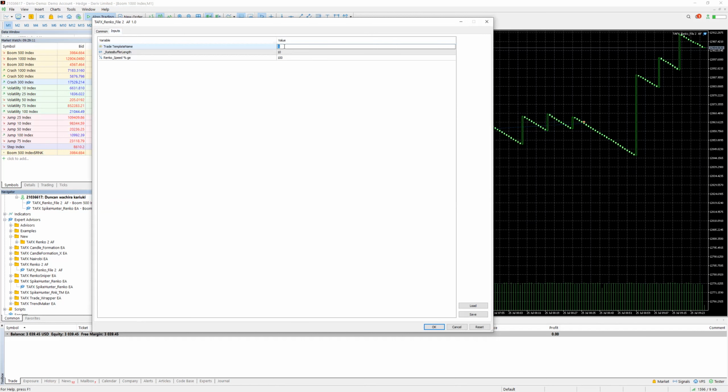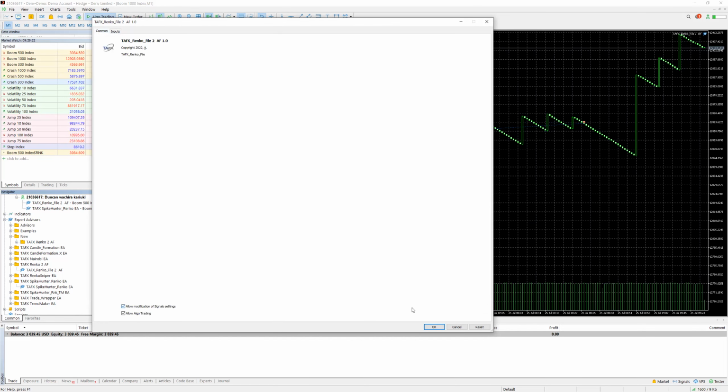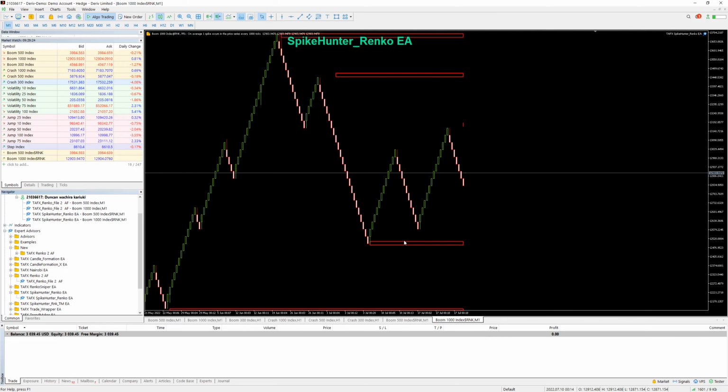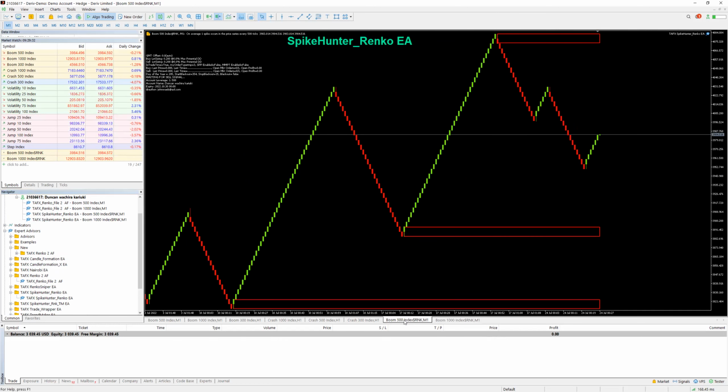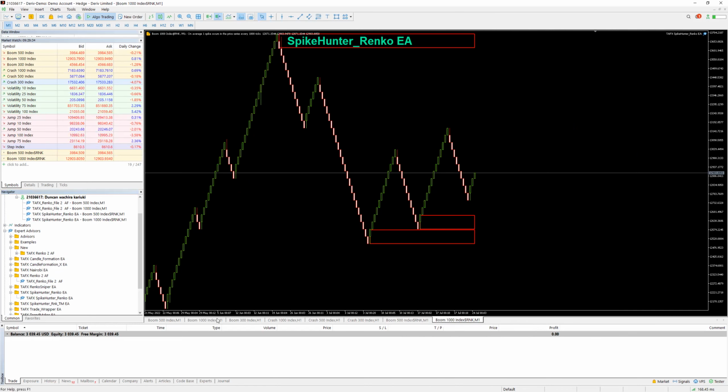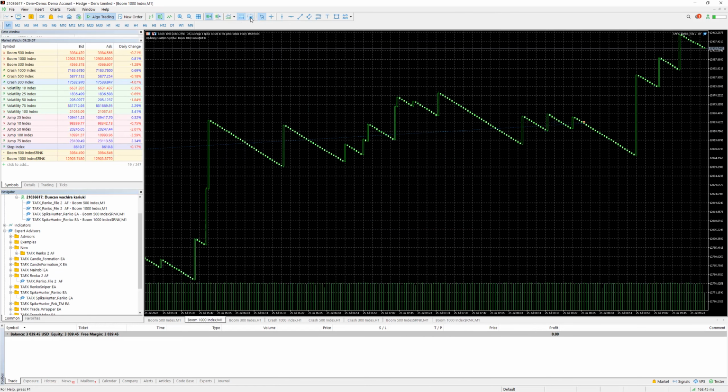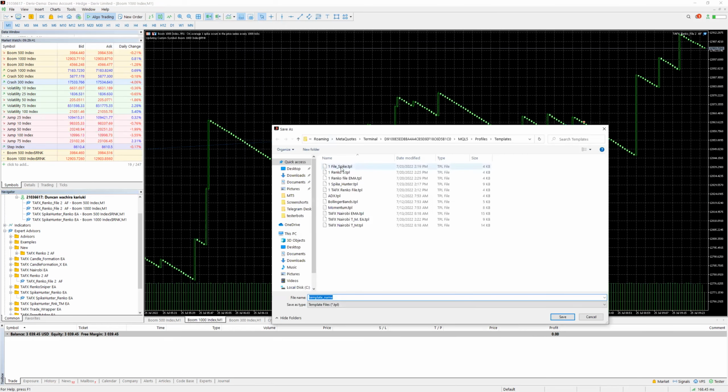This is where you double click and paste the template we copied. Now because we have copied and pasted there, let's click OK. Automatically now it will come with that Spike Hunter. Now all you need to do is save that file. It is Boom 1000. Save this file now, and let's say this is a Spike file.